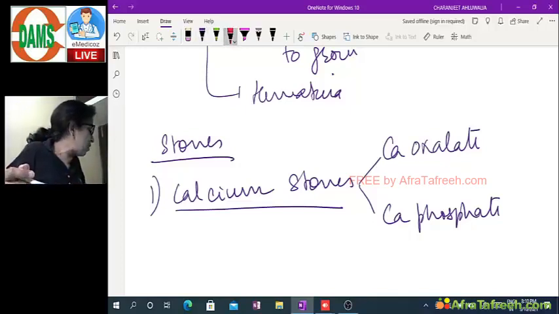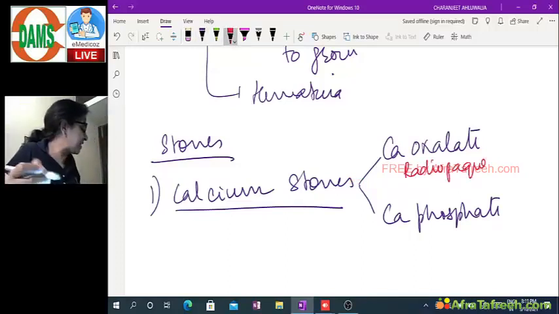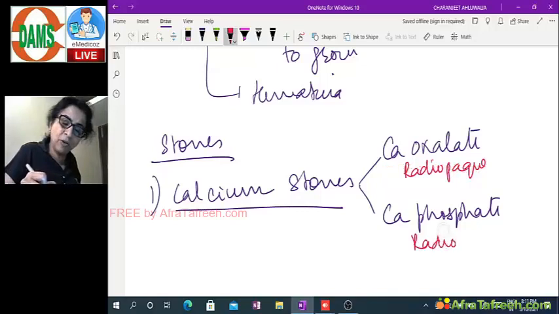Calcium oxalate stones are radio opaque, by CT as well as by X-ray. Calcium phosphate are also radio opaque stones. Both are radio opaque.